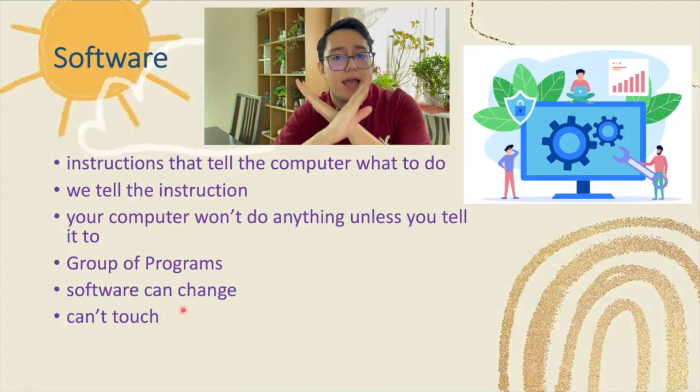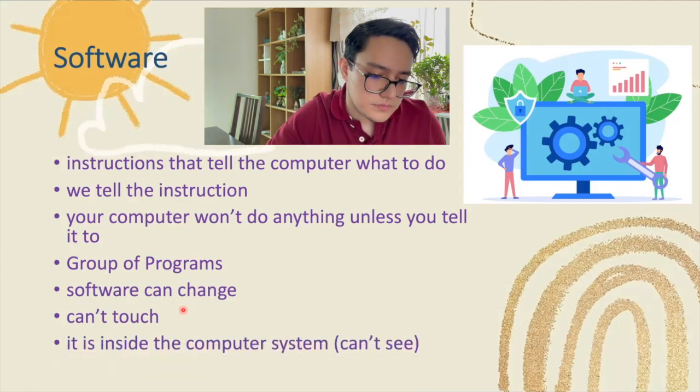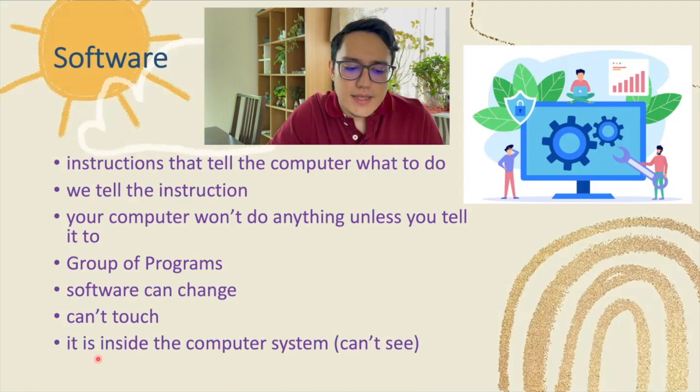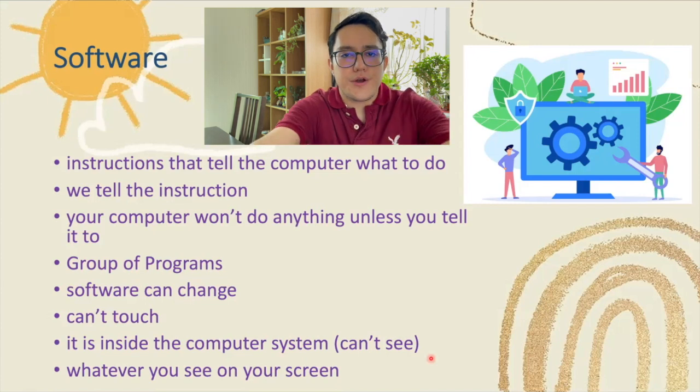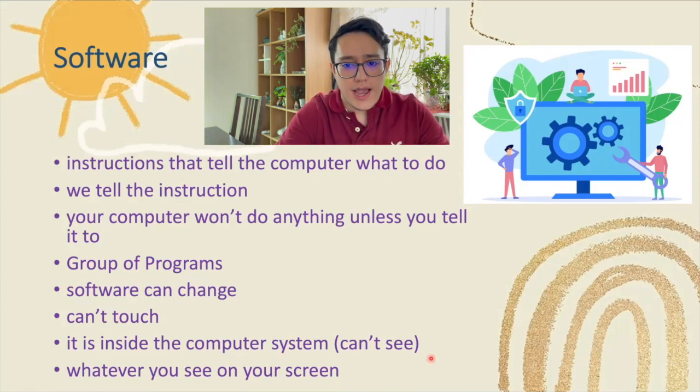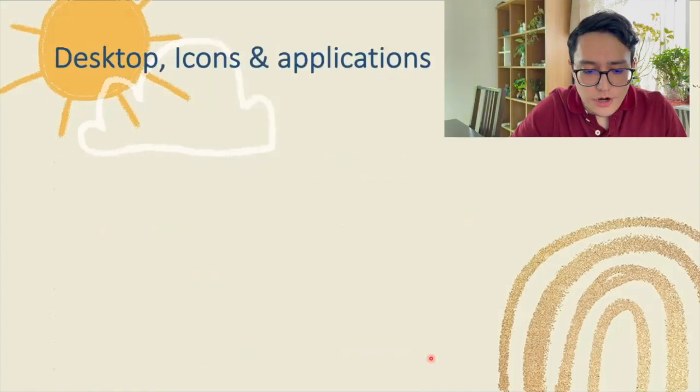Software is inside the computer. It's a system, so you can't see the system. Whatever you see on your screen is software. So your monitor is the hardware, and what you see on the monitor is the software.